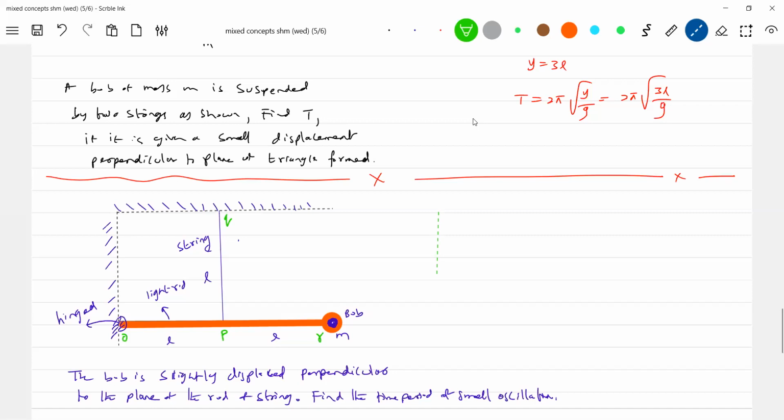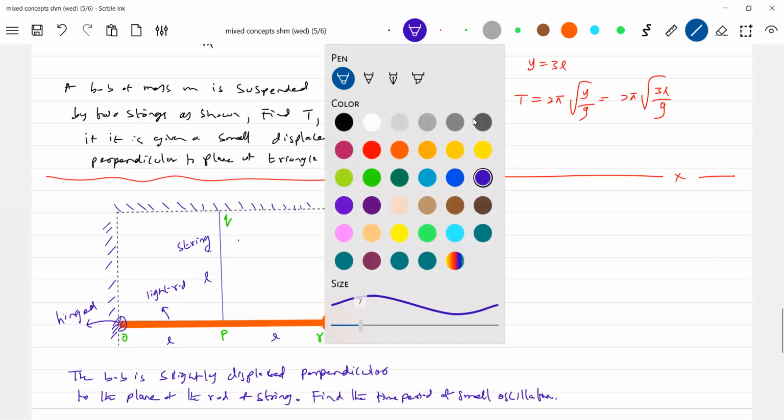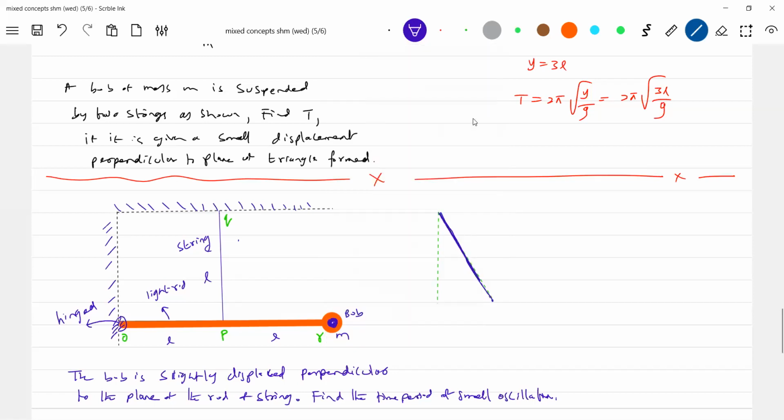We can also think in this way here. The string will take this particular angle, slightly at this place.